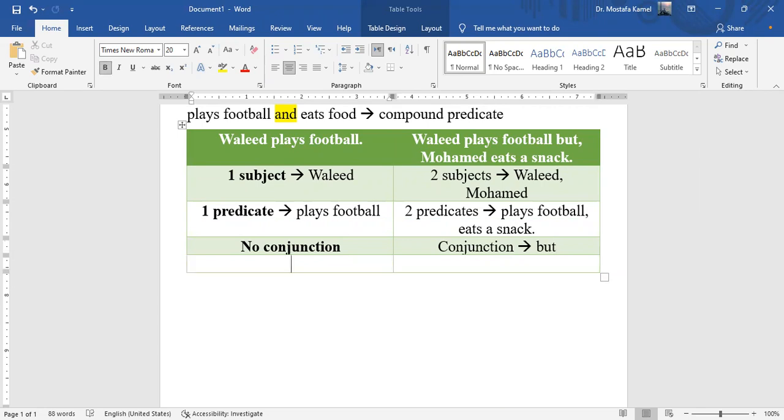So here, I need to ask you, Walid, do you think this can stand alone or does it need help? Walid plays football. Do you think it makes a sentence or it doesn't?